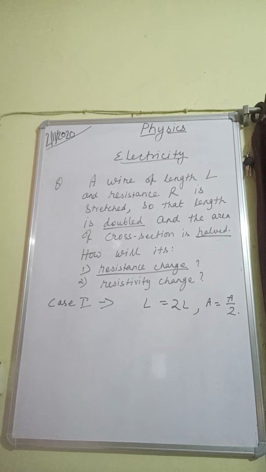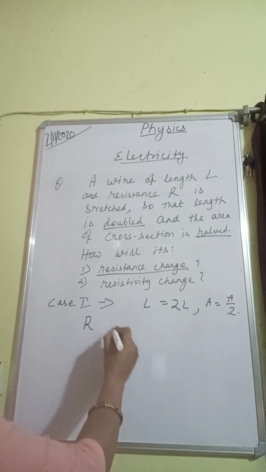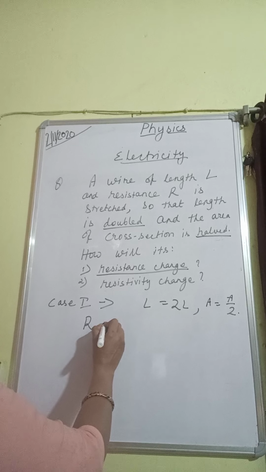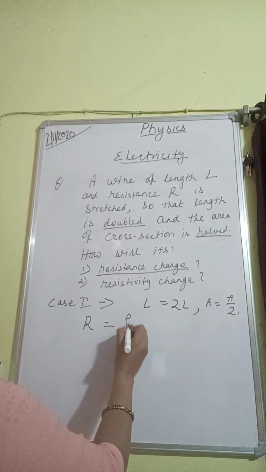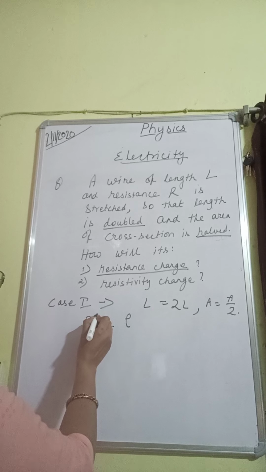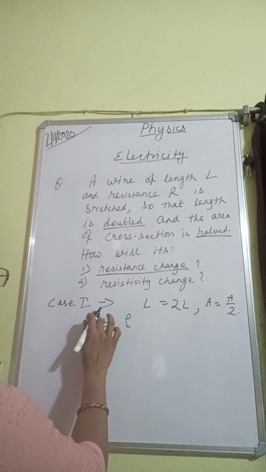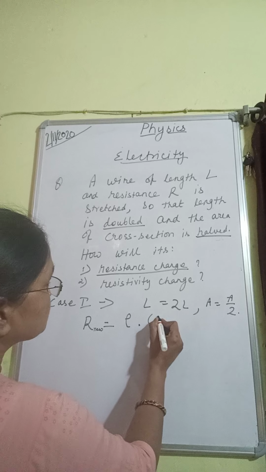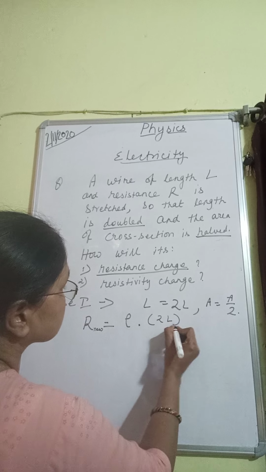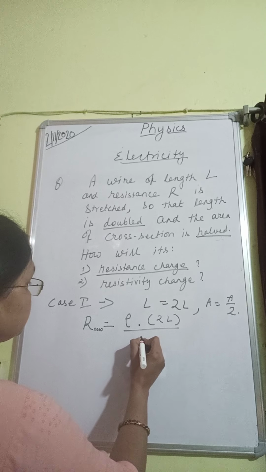So the formula we know for this is R is equal to rho, this is the new resistance, so let us write R new, rho L, L is 2L, by A, A is A by 2.